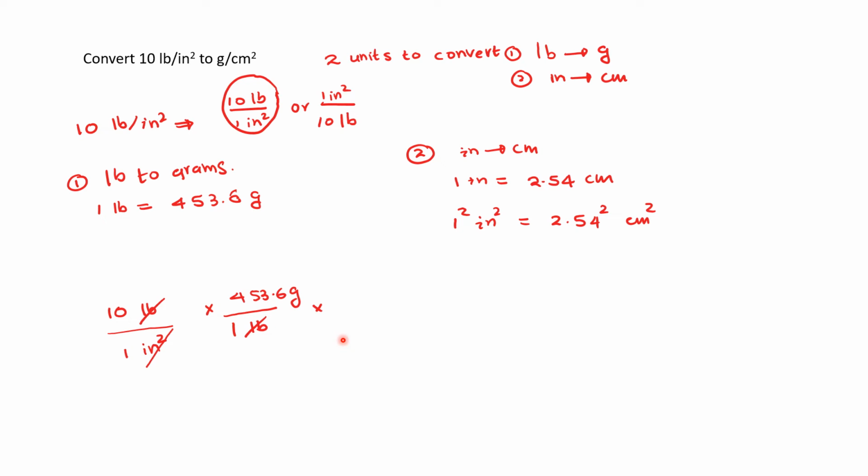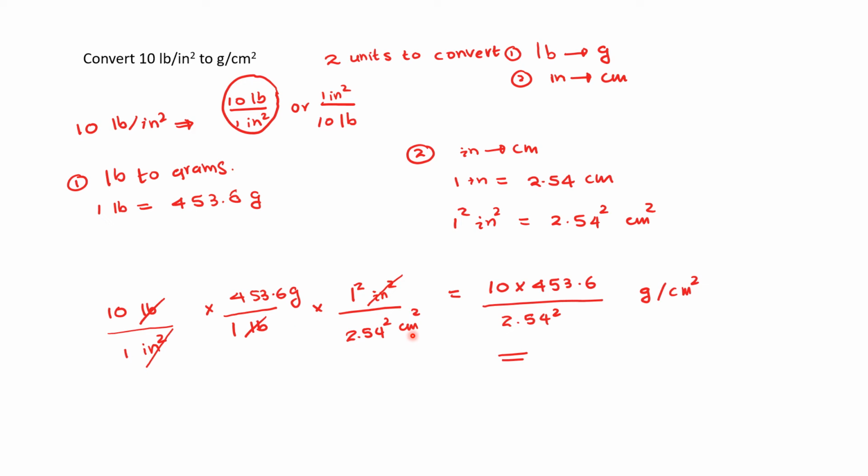In the next step, we are going to use this relationship in such a way. Now you have a square inch here and it will cancel out to the square inch in the numerator. So we are going to end up with grams and square centimeter.